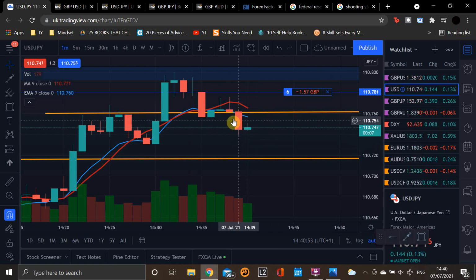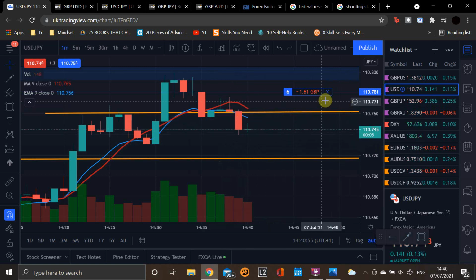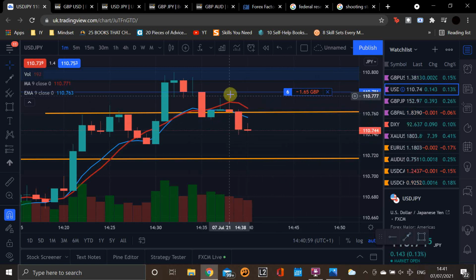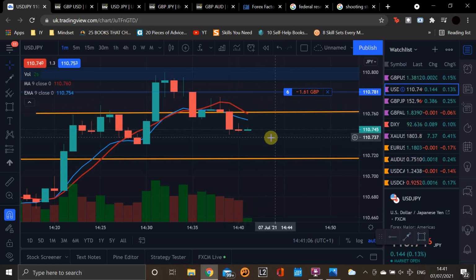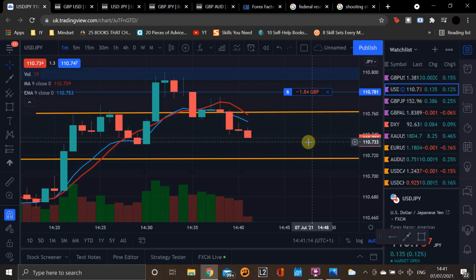Thing is, the candlesticks are telling me I should really exit this trade. The candlesticks are telling me that it's broken past this level. The moving averages have also broken past. It's also below the moving averages. It looks like it's struggling to push up. I think there's a lot of selling pressure at the moment. Maybe I should take my loss here.